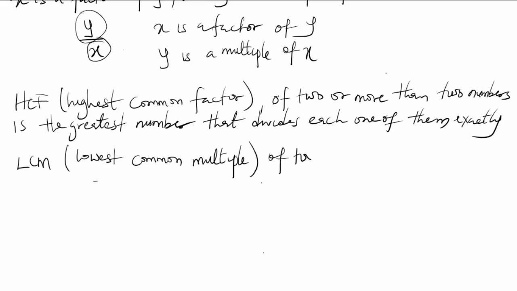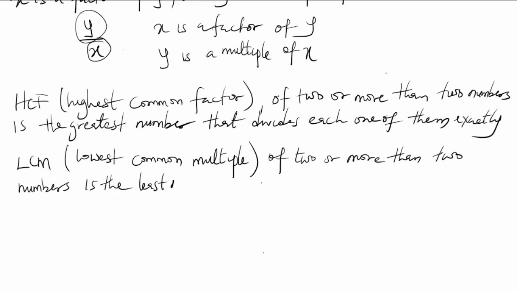The LCM of two, sorry, let me write this properly, of two or more than two numbers is the least number which is exactly divisible by each one of the given numbers.